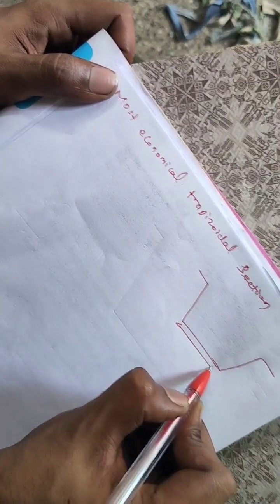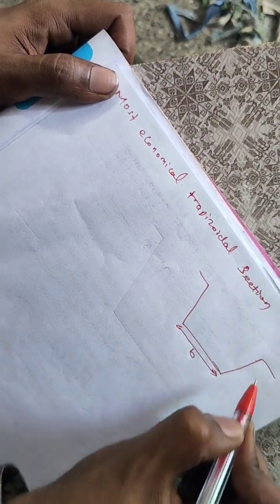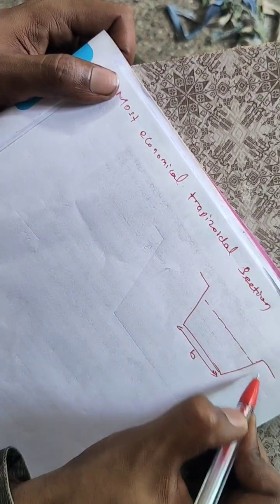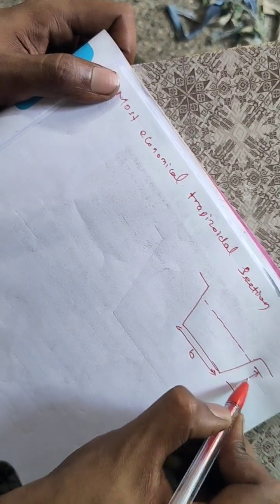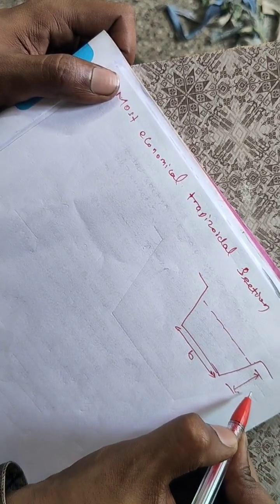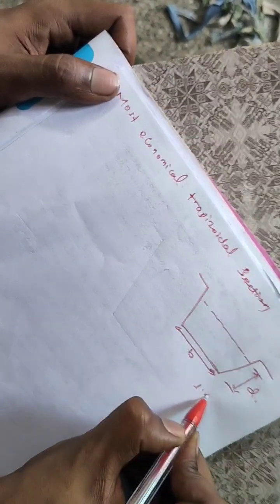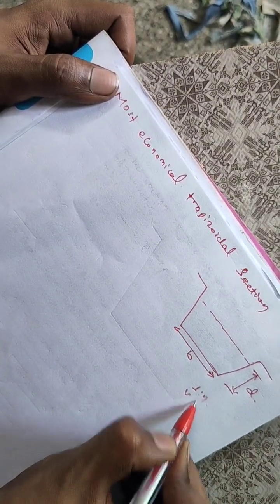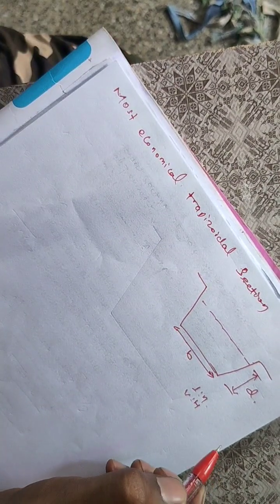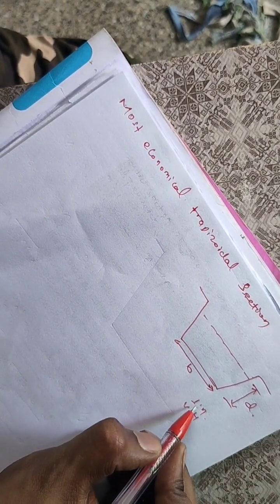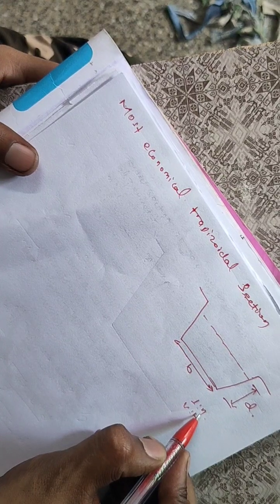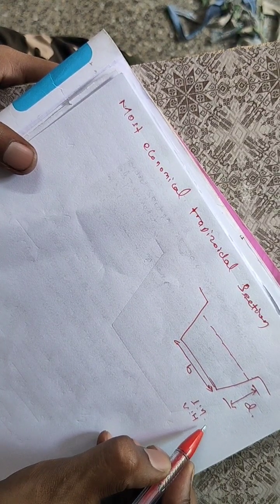Here we take the bottom width as B, the depth as D, and the side slope as 1:n, meaning 1 vertical and n horizontal.